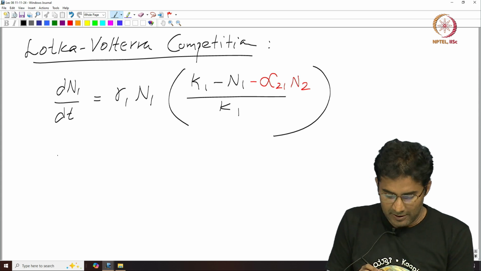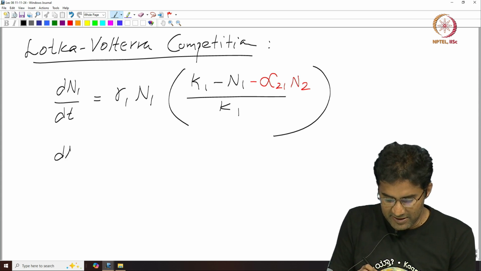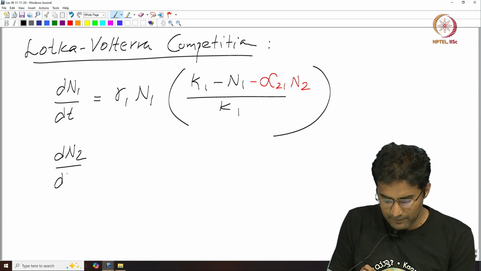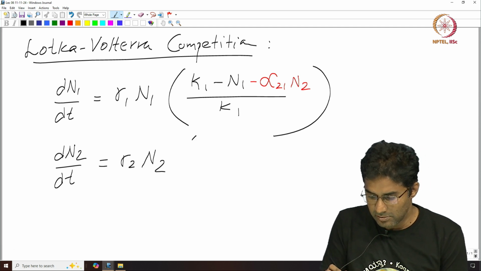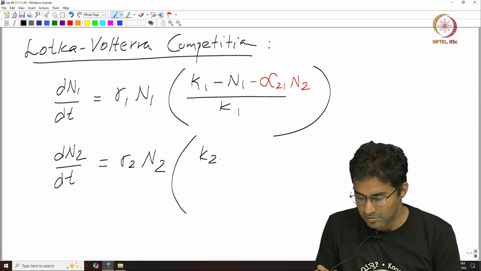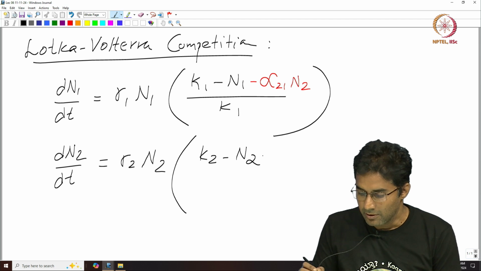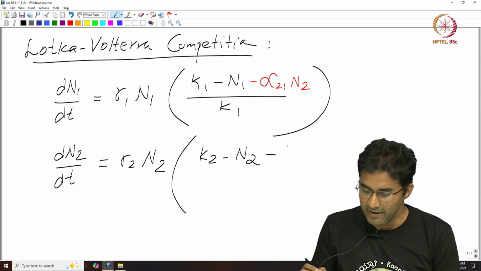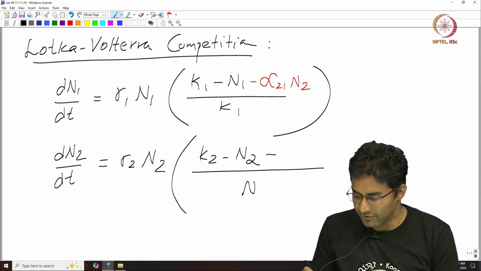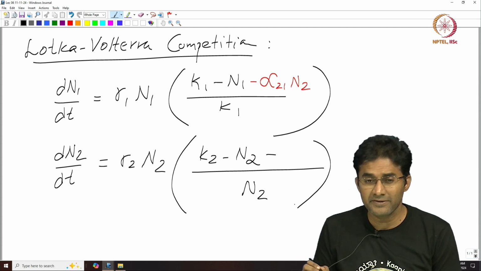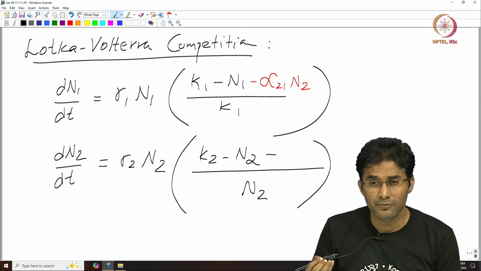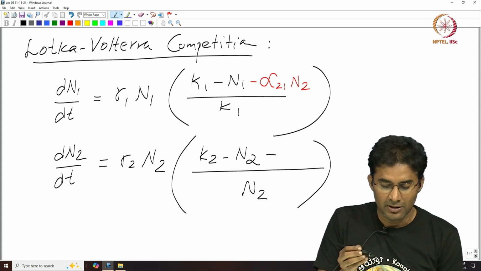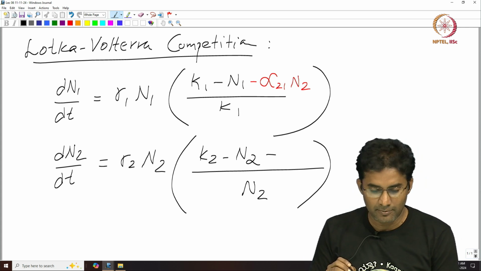Okay. Now, let us also write down the equations for species 2. Okay. Again here too we work under the premise that in the absence of species 1, species 2 would reach carrying capacity K2, and it follows the logistic population model.